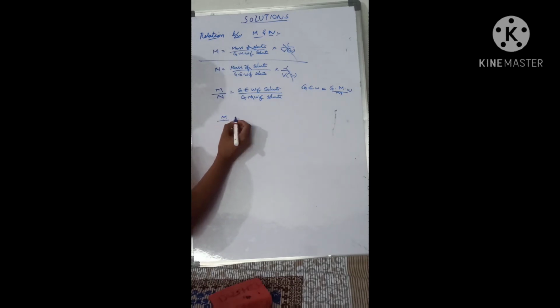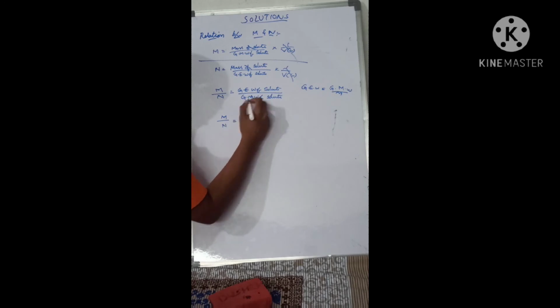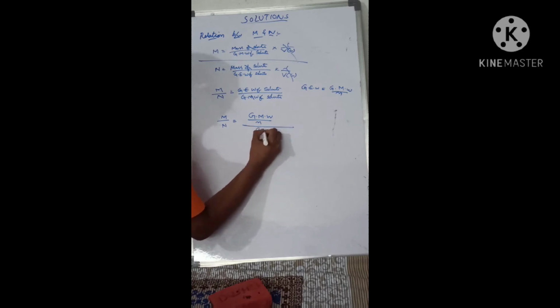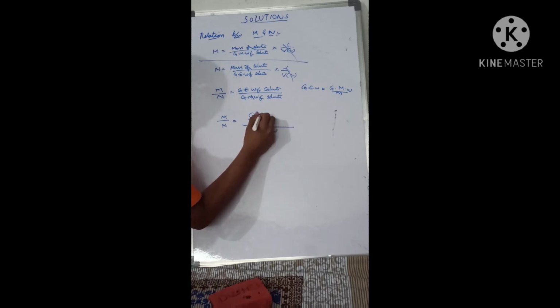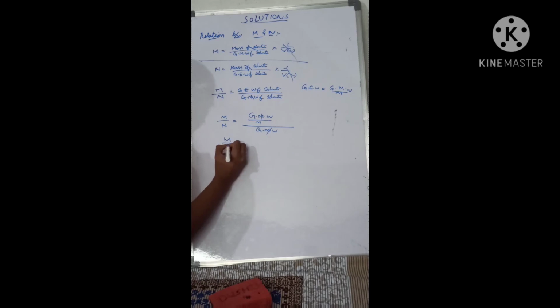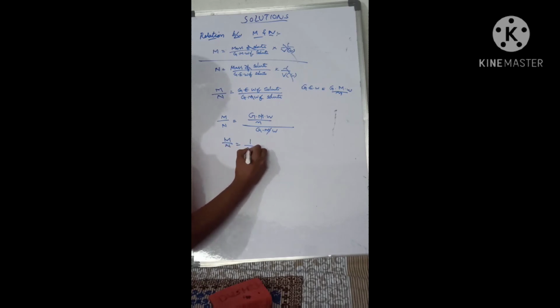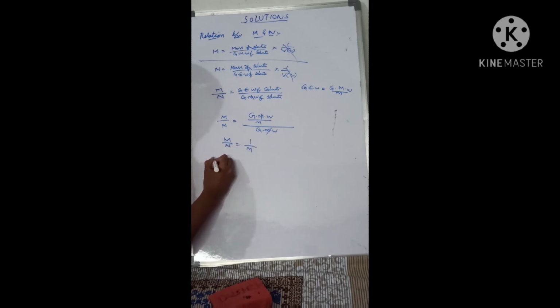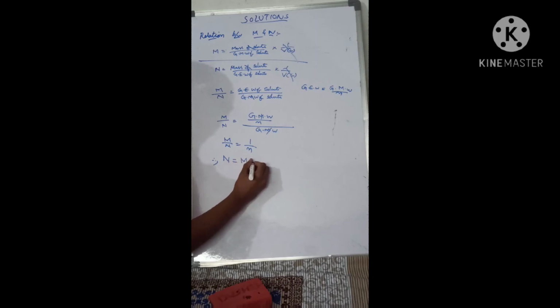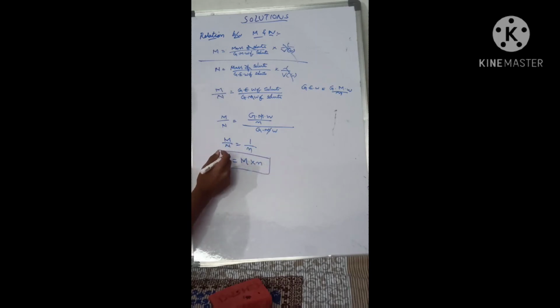So we can substitute this here. Molarity by normality is equal to gram molecular weight by n, whole divided by gram molecular weight. This will be cancelled. Then molarity by normality is equal to 1 by n factor. Therefore, normality is equal to molarity into n factor. This is the relation between normality and molarity.